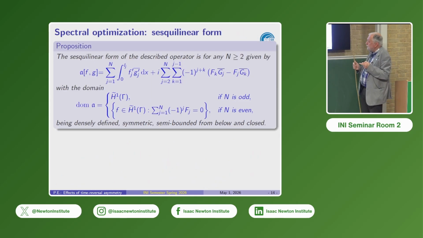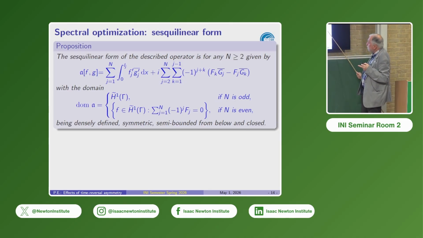Now, the first thing is that we will need a quadratic form, or sesquilinear form, which is associated with this operator. So it is here. You see that there is, not surprisingly, a kinetic part. Then there is a vertex part, which comes just from integration by parts. But there is a difference. Again, the parity plays a role, because there is a difference in the domain.